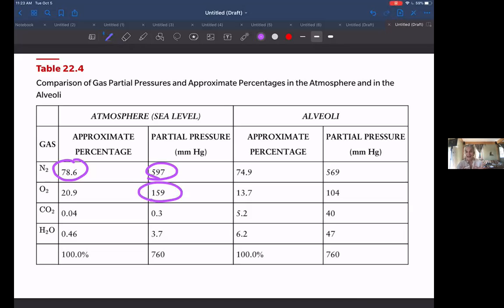The function of that is primarily to prevent water loss, right? So we humidify our air. If our respiratory membrane was right on the surface of our neck, it would dry out. We also have a very large surface area, much larger than just the surface area of our neck.